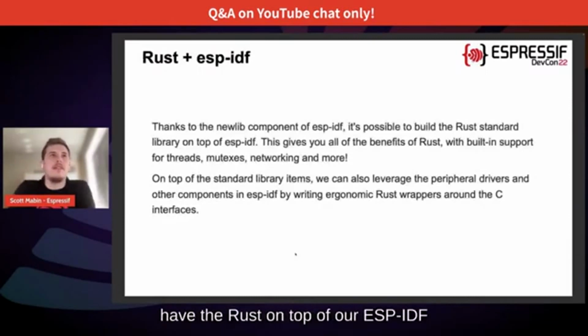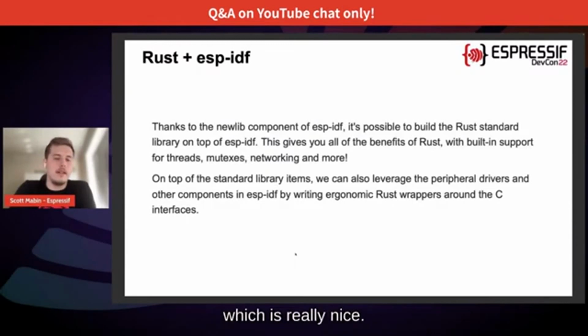Then we have the Rust on top of ESP32 approach. So fortunately, ESP32 has a newlib component which the Rust standard library can use to basically interact with ESP32. And this means that you can build the standard library for ESP32, which means you get threads, mutexes, networking, and more, which is really nice.